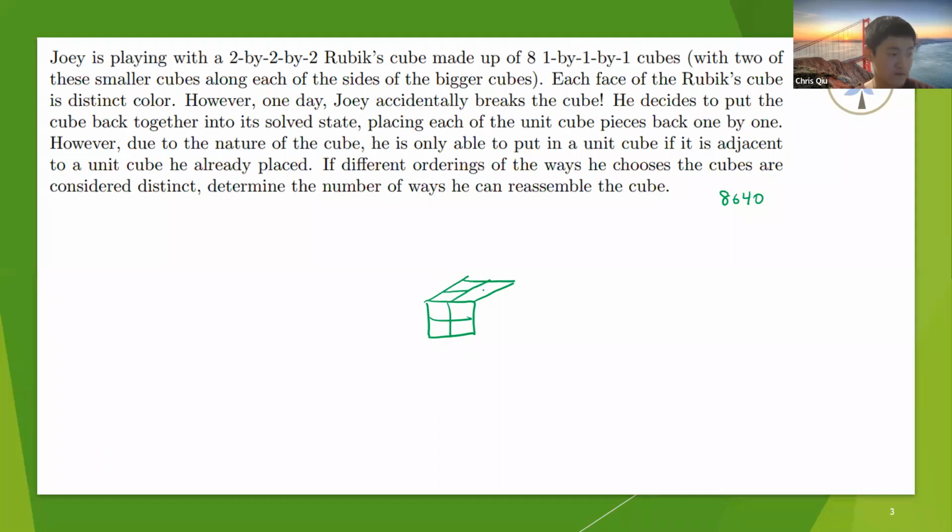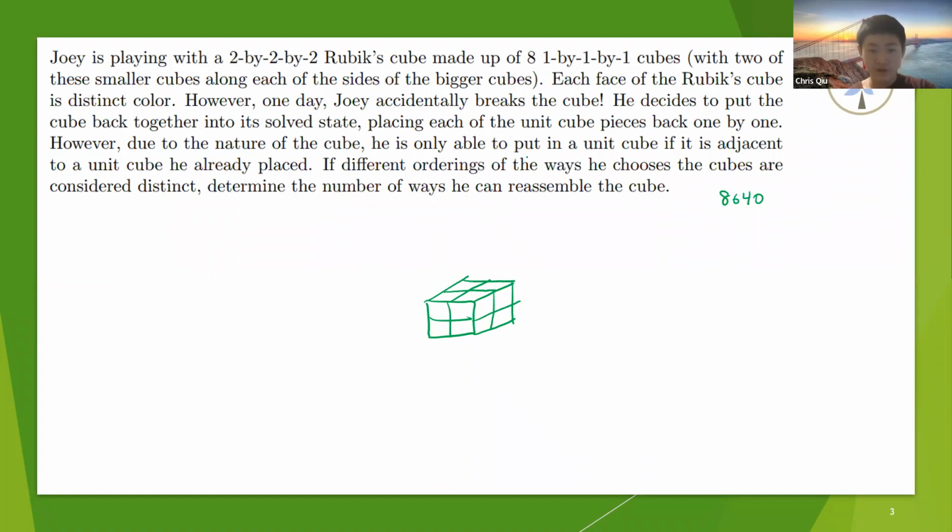Those of you who have played with Rubik's Cubes probably have a good idea of what this looks like. And we have 8 of these little cubes. One day, Joey accidentally breaks the cube, and he decides to put the cube back together into its solid state by placing each of the unit cubes back one by one.